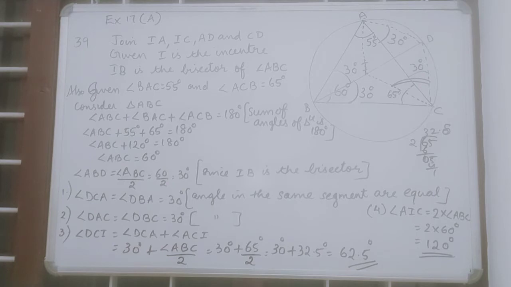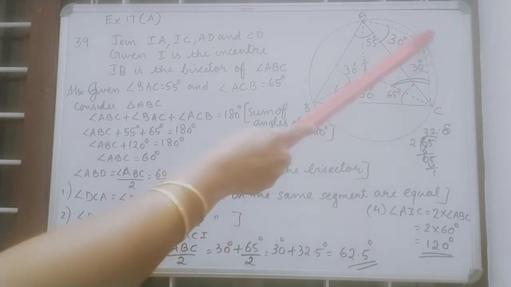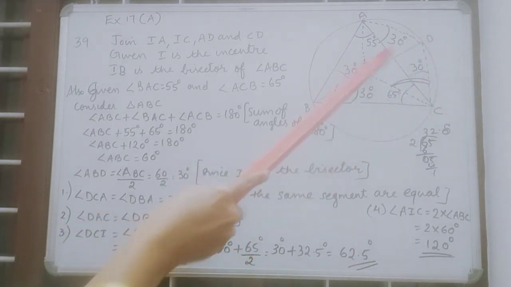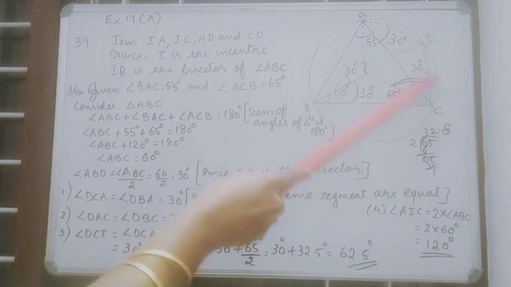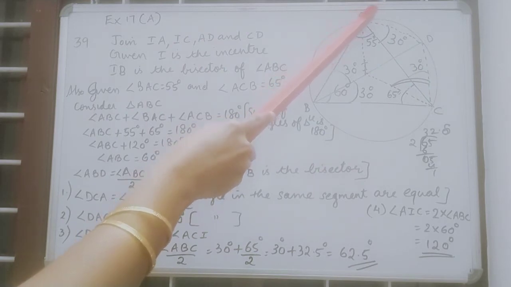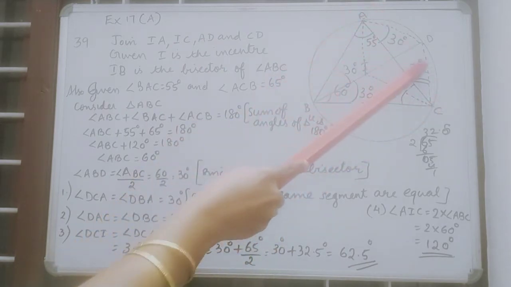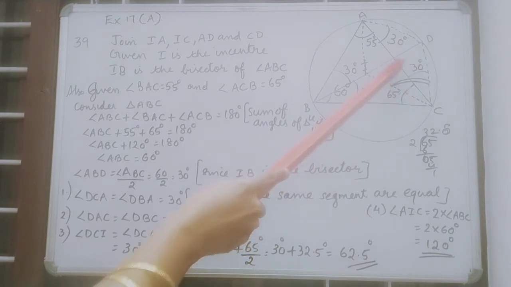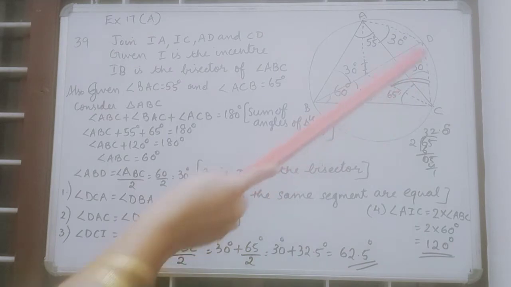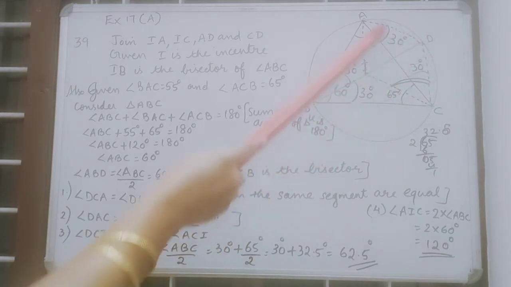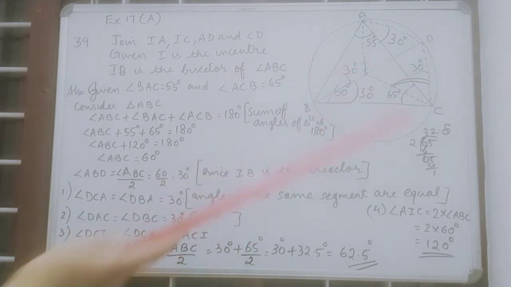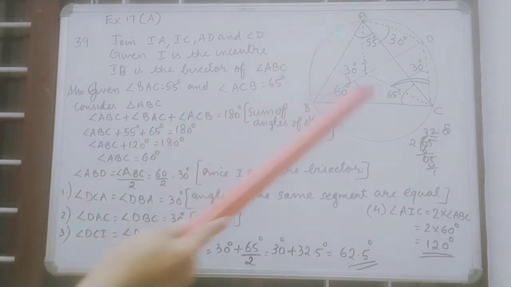So what is that DCI? DCI is a sum of which two angles? DCI is a sum of angles DCA and ACI. We know DCA is 30 degrees. Then what about ACI?